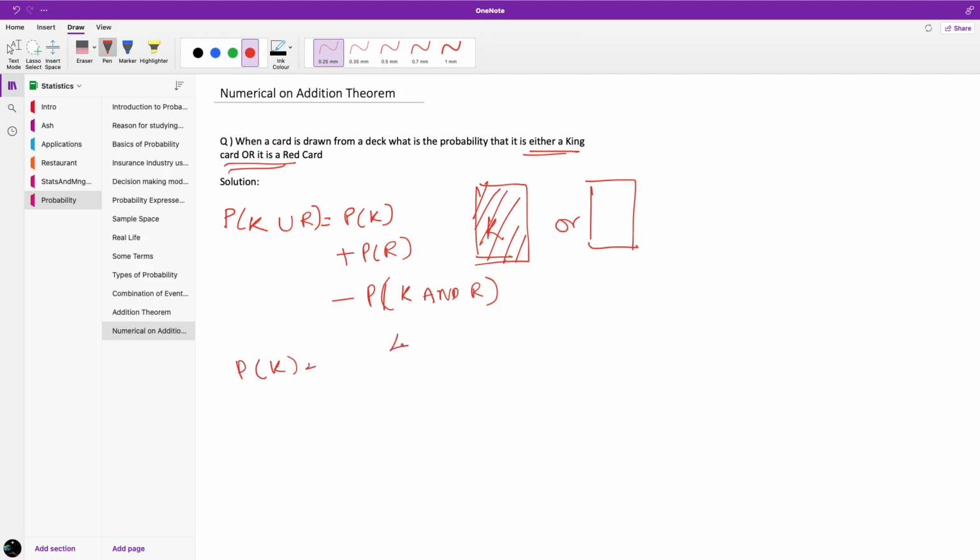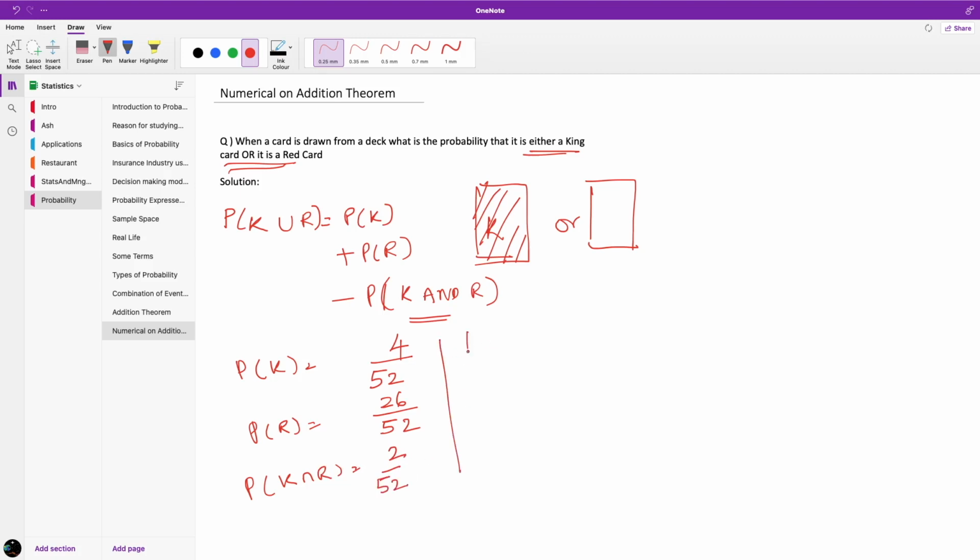There are 4 kings in a deck of 52 cards, so the probability is 4 out of 52. The probability of a red card: there are 26 red cards in a deck of 52, so it is 26 out of 52. What is the probability of a king and a red card? There are 2 possibilities. Either you get a king of diamonds or a king of hearts, which are both red. So the probability of a king and red card is 2 out of 52.